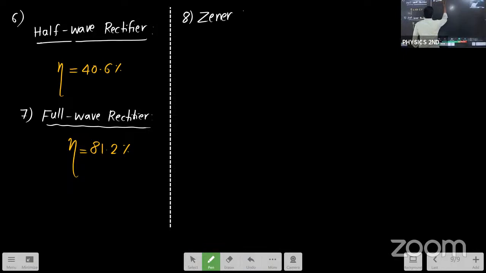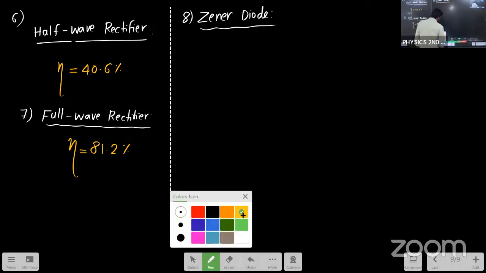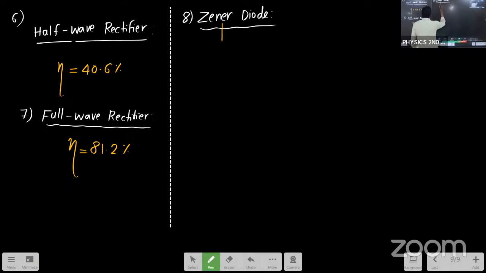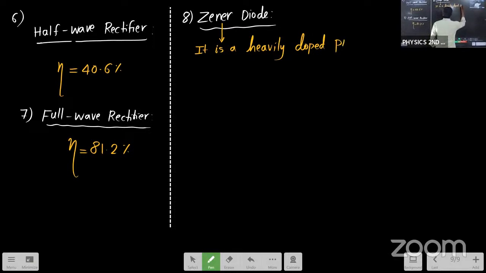What is a Zener diode? It is a heavily doped PN junction diode.